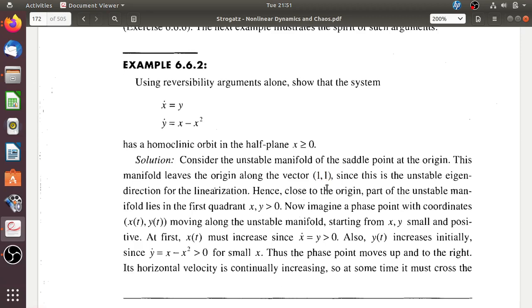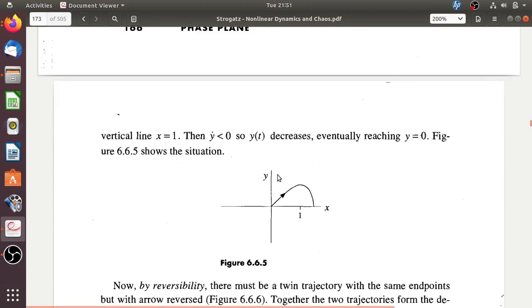Now all I know is the origin is a fixed point, and a trajectory will come out of that fixed point in the direction (1, 1). So how does that look in the phase portrait? In the x-axis and y-axis, let's forget about this entire curve.